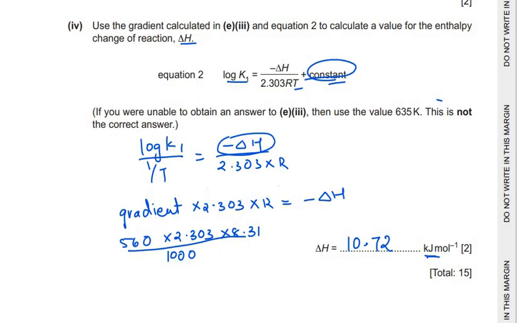And then we rearrange again to find out the value of delta H, and so we had taken 2.303 into R on the other side, and of course we have to add the negative sign here, that is minus 10.72 kilojoules per mole, and this is how we have got the value. And here our question 2 also ends.